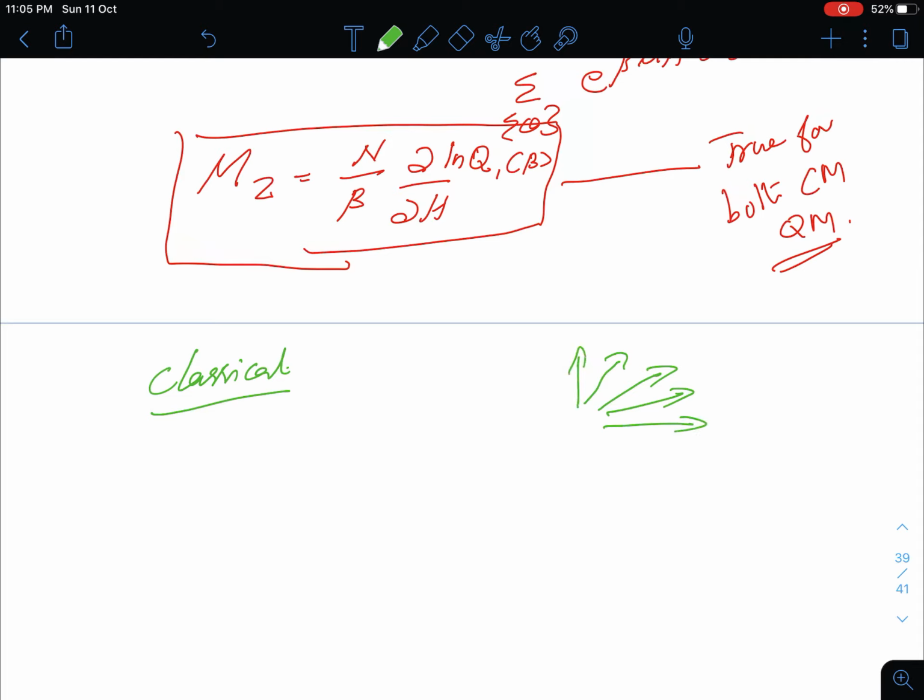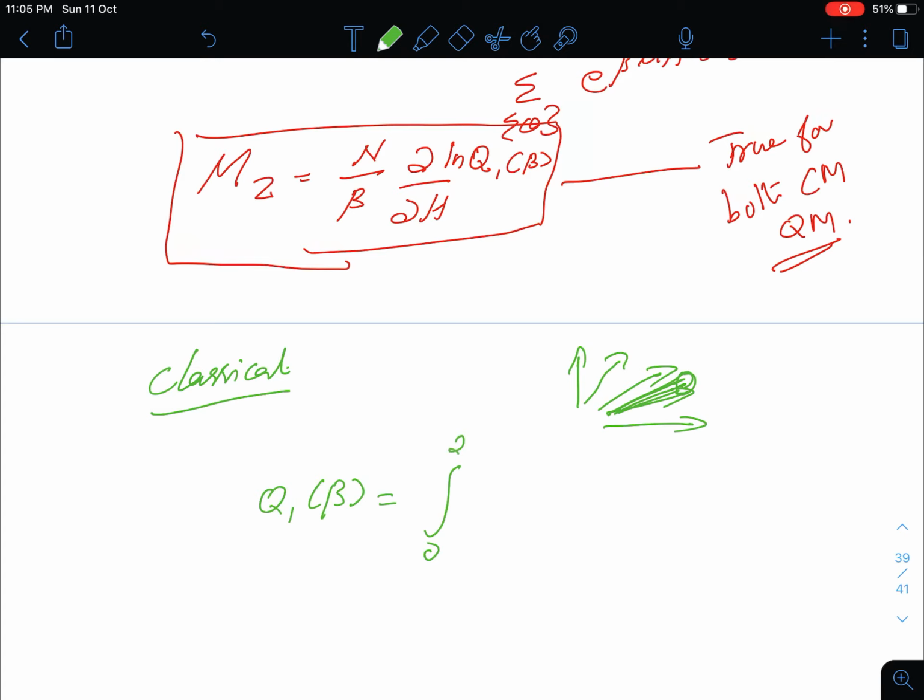Maybe it can point into the sheet which we are writing on, or out of the picture. It can be in any direction, so it's a continuous variation. So in that case, for q1 of beta, you have to consider the solid angle, because that is how it works. So that solid angle has to be considered.